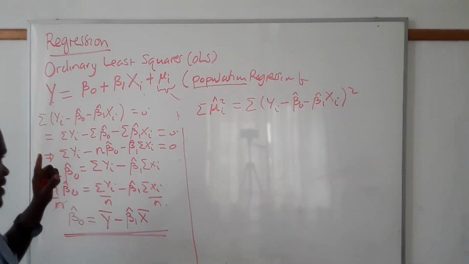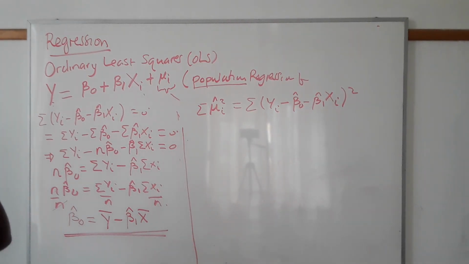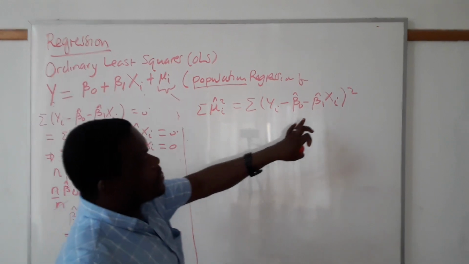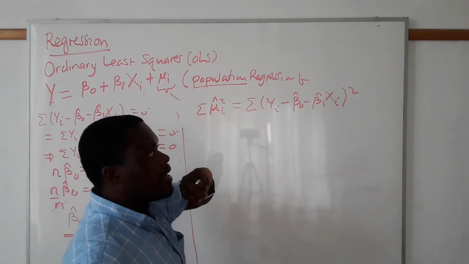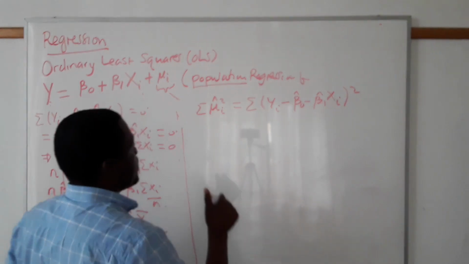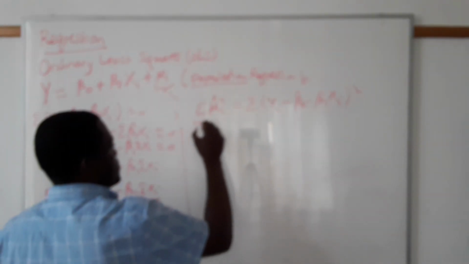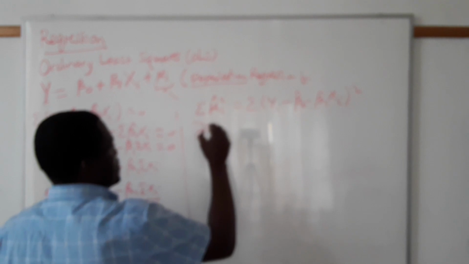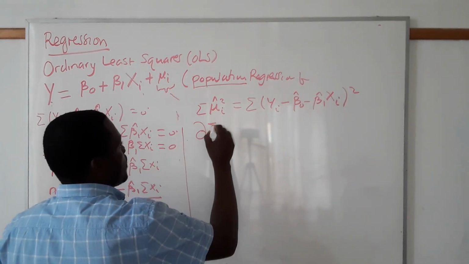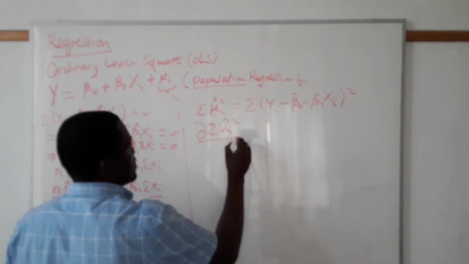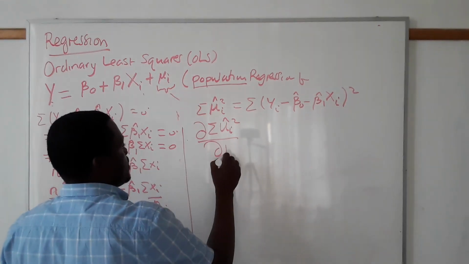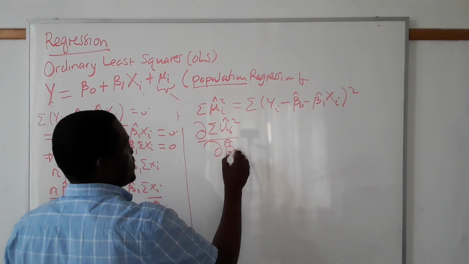We have done the differentiation with respect to beta naught. Now we are going to do it with respect to beta 1 hat. So now we are going to do the partial differentiation of mu i hat squared over d beta 1.